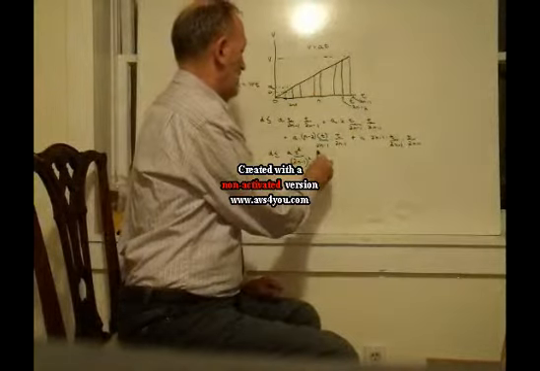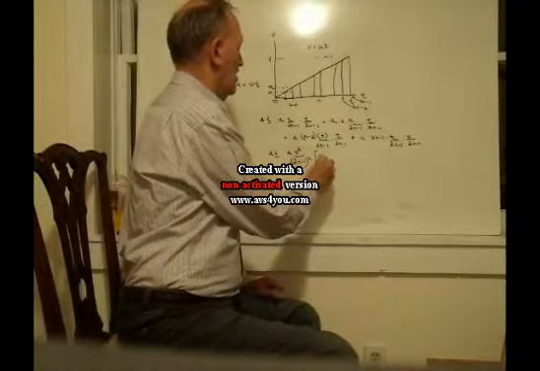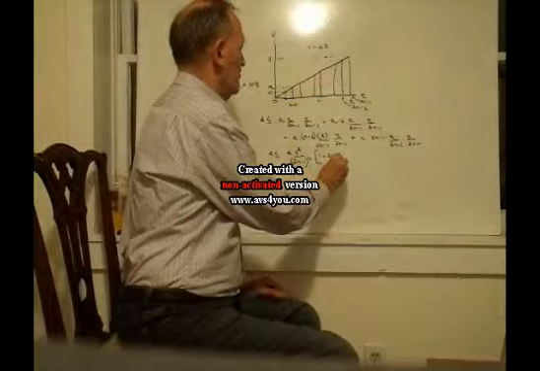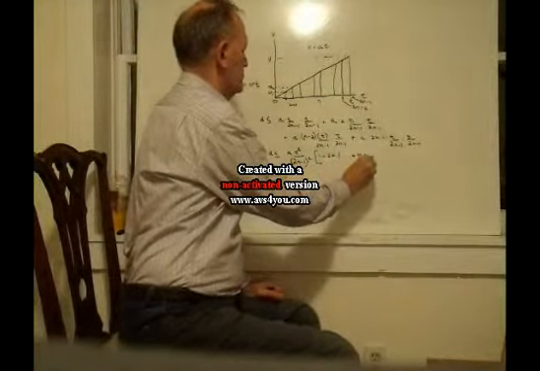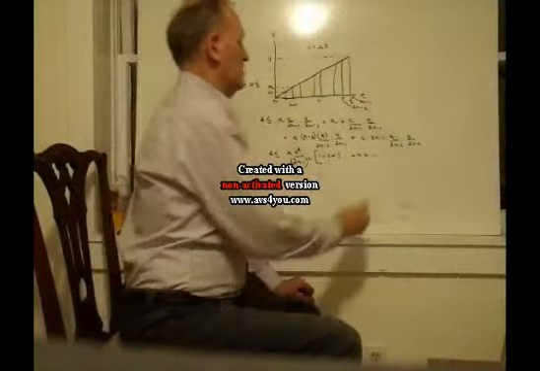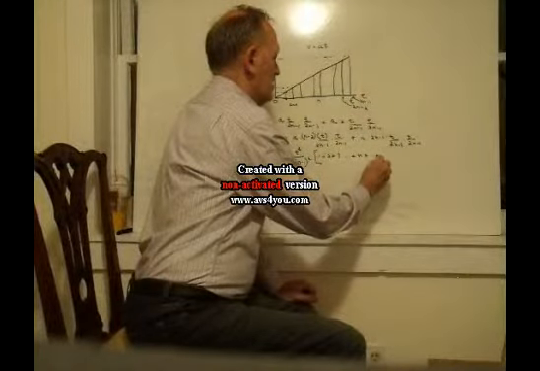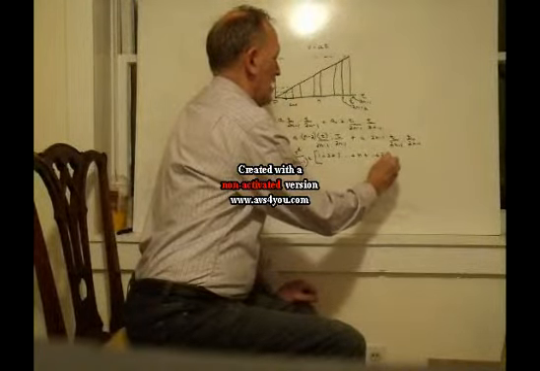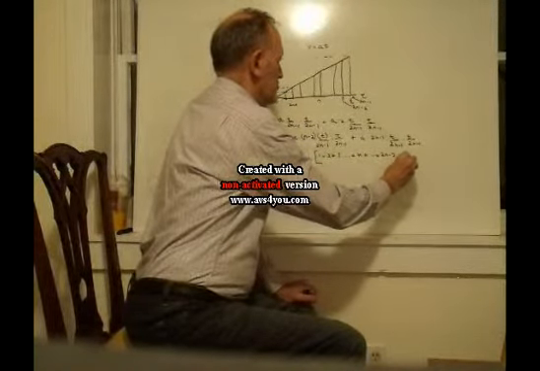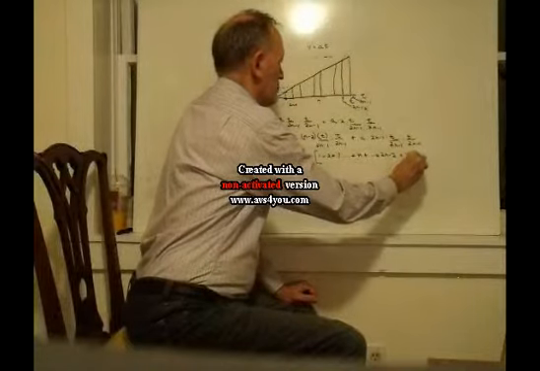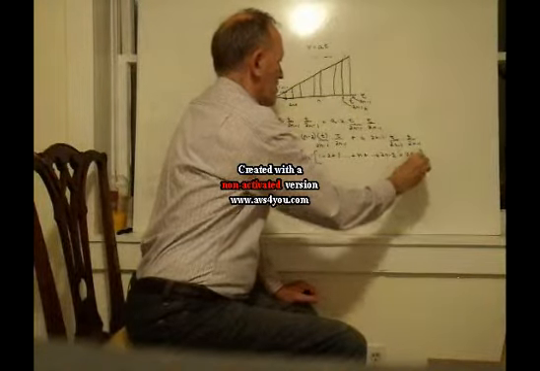Then all we have left in the brackets are 1 plus 2 plus 3 plus n plus 2n minus 2 plus 2n minus 1. Well, what do you know about that?